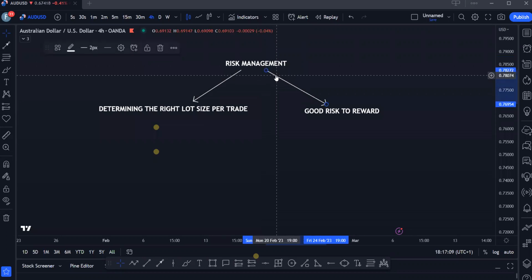Do you know that the big banks, financial institutions, hedge funds, the major market participants that are really moving the market, have a team or a department totally for risk management?